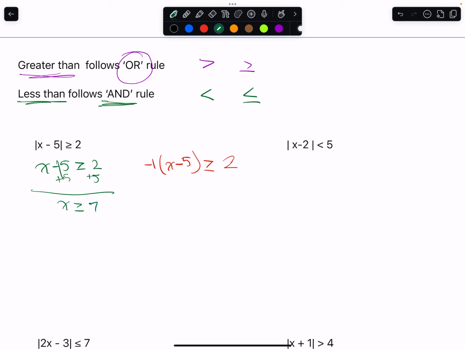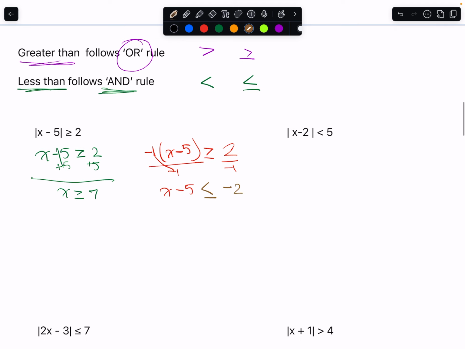Now we're dividing by a -1 on both sides. And because we're doing division of a negative on both sides, the x minus 5 will stay, but the sign will be flipped. We just do this in yellow so you can see the sign will be flipped. When I mark it in brown, I'll mark it to be less than or equal to -2. Continue doing it in red, plus 5 on both sides.